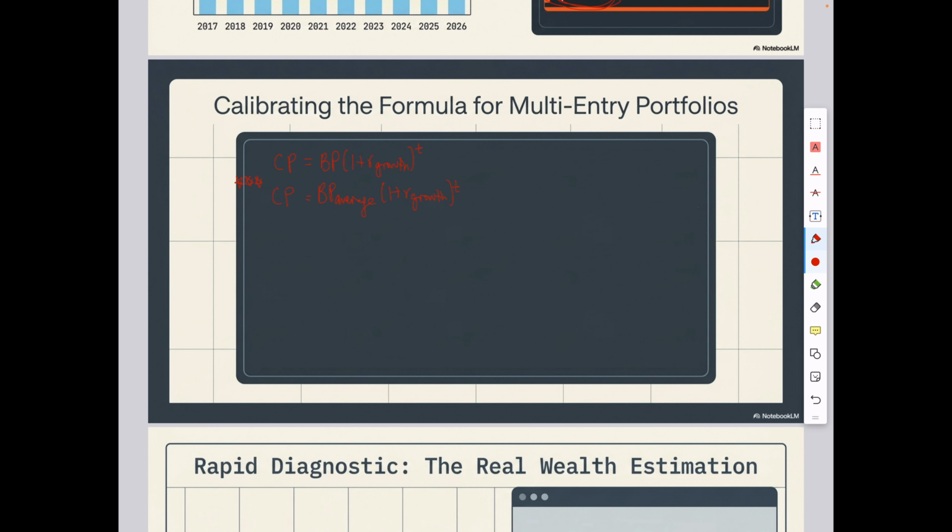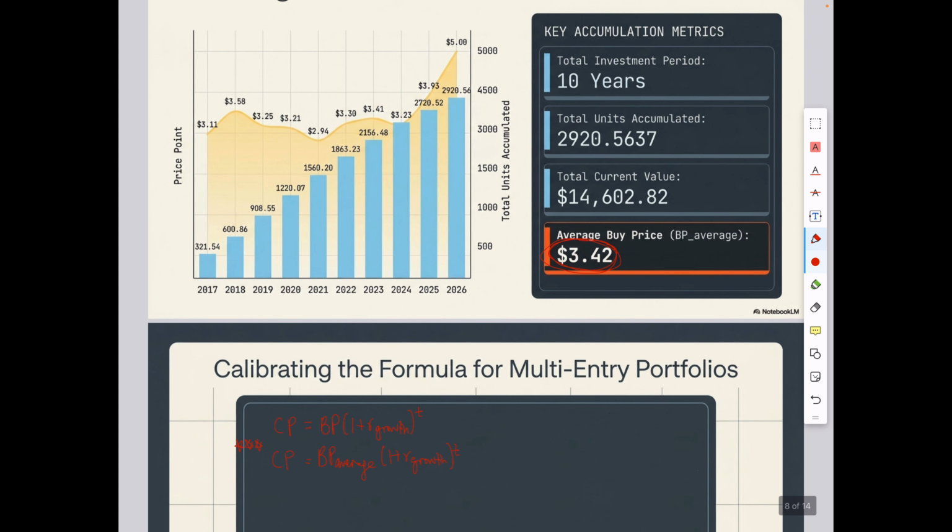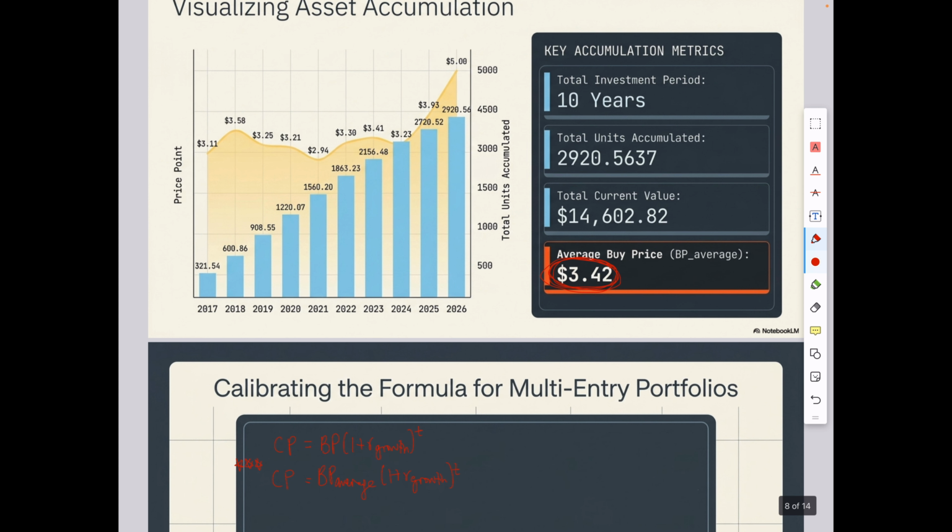So I change it in such a way to account for this $3.42.